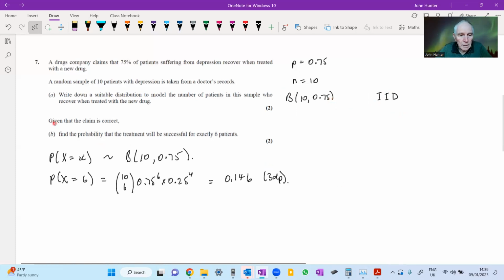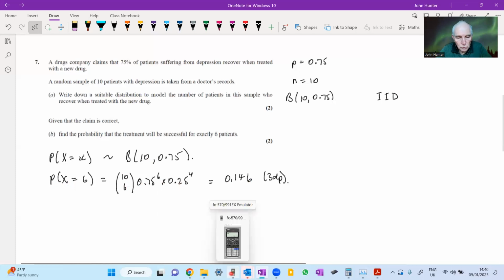Okay, so given that the claim is correct, find the probability that the treatment will be successful for exactly 6 patients. Okay, so X follows this distribution, as we've said, and therefore the probability that X equals 6 is 10 choose 6, this, which equals that.